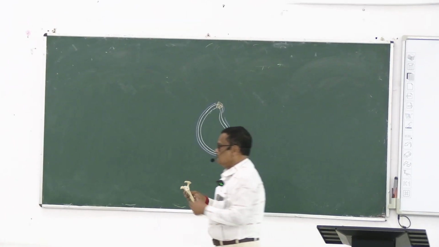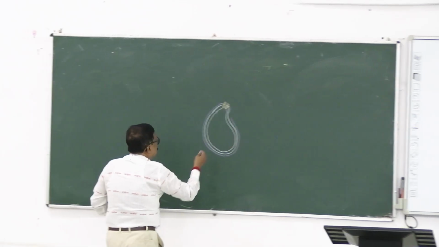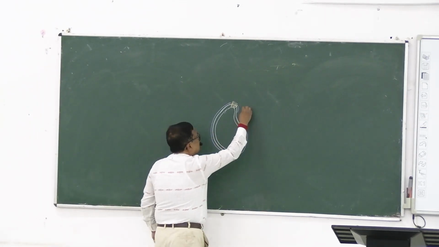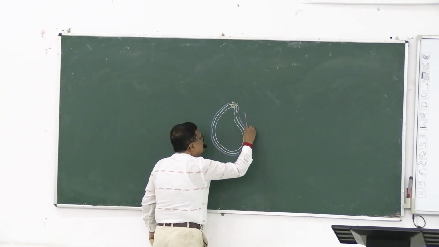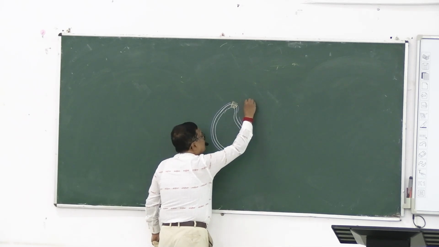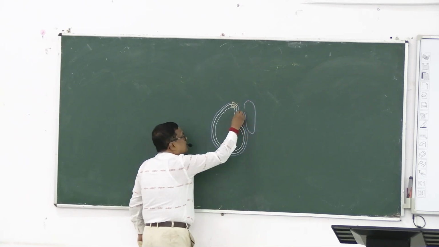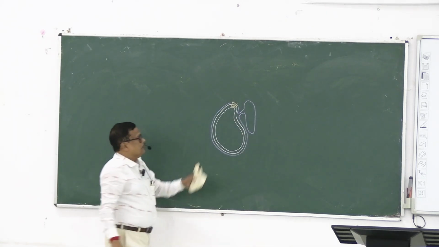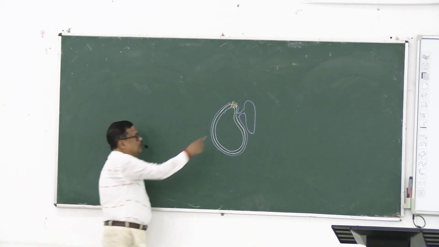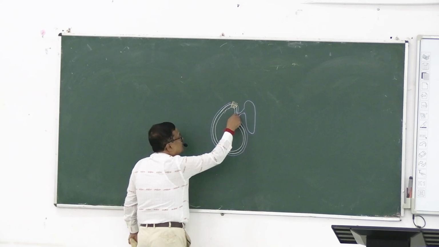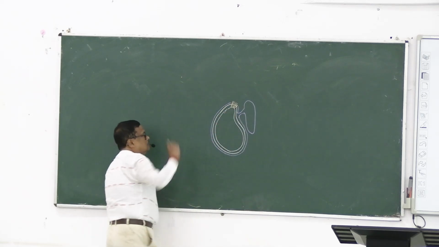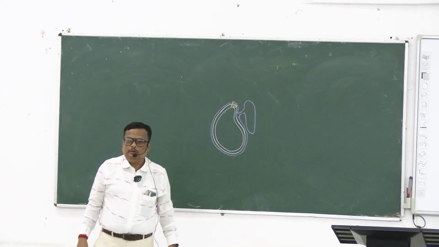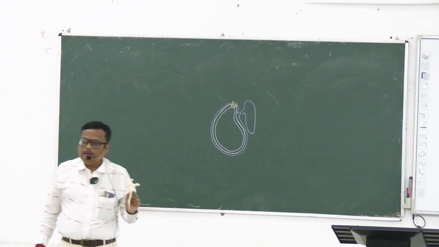It is inside and not outside. So, there is a bursa known as the subscapular bursa, which has a communication with the synovial membrane. So, this bursa communicates with the joint cavity, right?